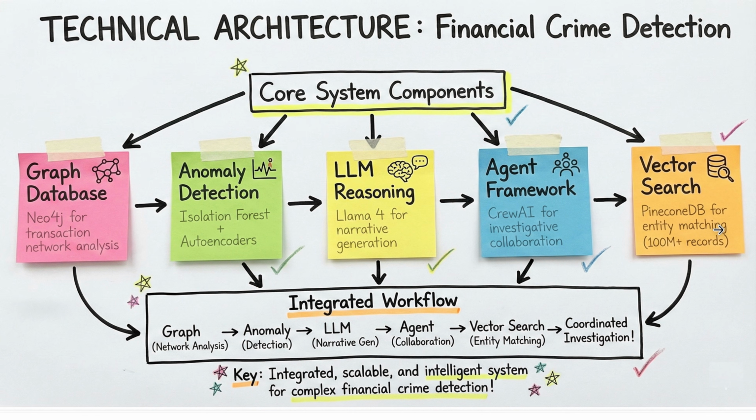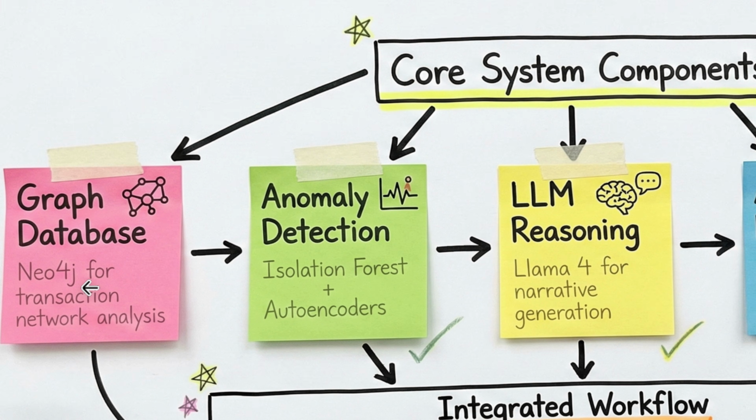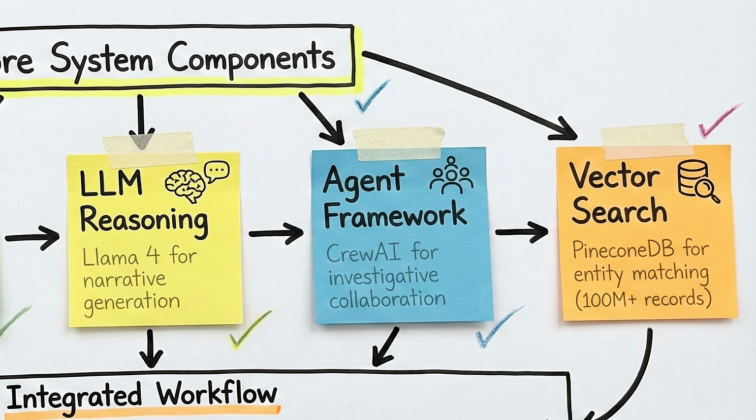So what does the architecture look like? Of course, as I said, a graph database. Neo4j is a paid one. You also have a lot of free libraries. After that, it's all about anomaly detection with isolation forest or autoencoders. Of course, we need an LLM for generating a narrative, and we can build our agents to investigate in collaboration.